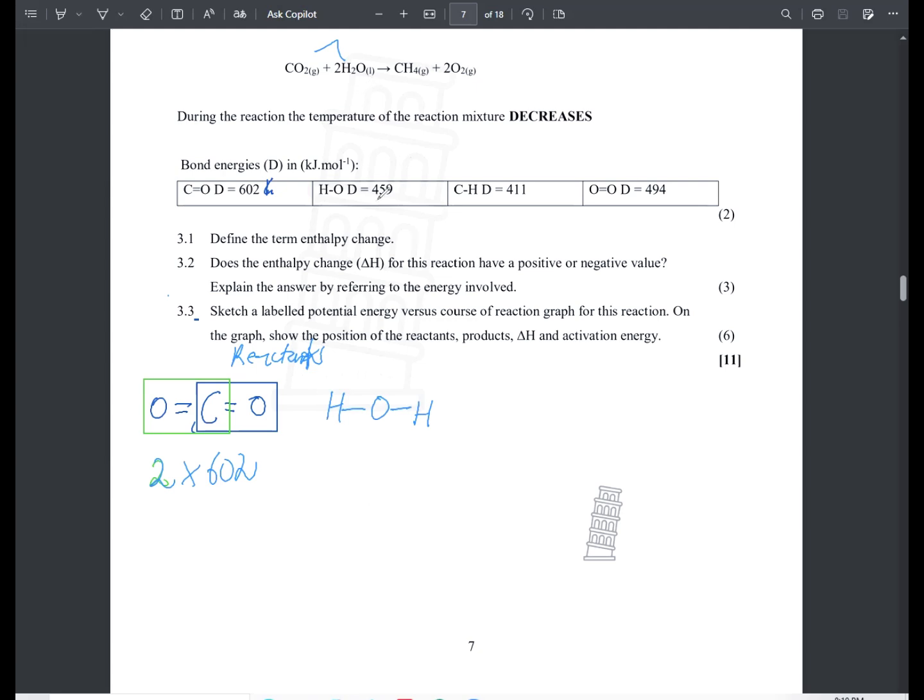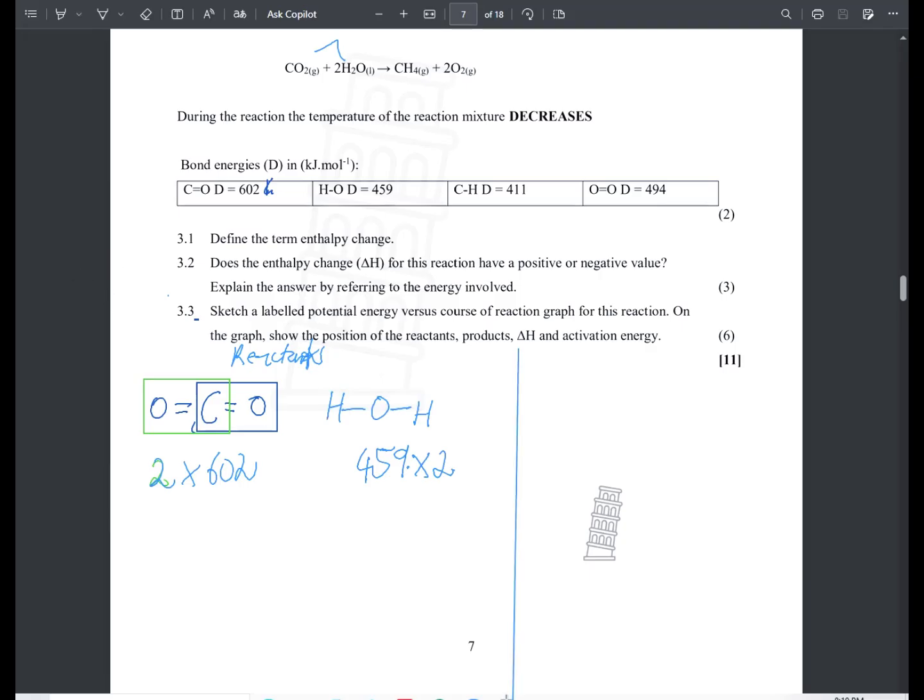So this is 459 to break those bonds, right? Then, since there are 2 molecules of that, I would have to multiply that by 2. So I am done for the reactants.